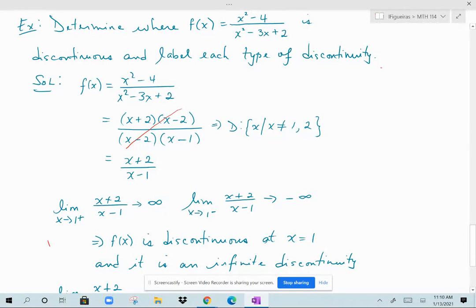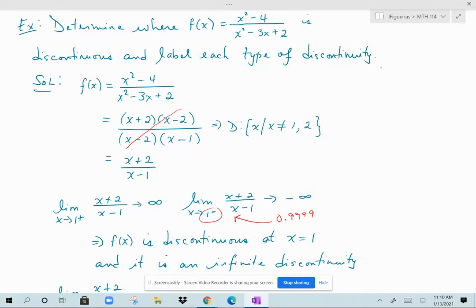But let's look at it from the left side. So right here, when I'm on the left side of 1, a potential number that I could plug in to the left side of 1 would be something like 0.9999. If I plug that in there, I'm going to get a negative number that's very close to 0, like negative 0.0001.